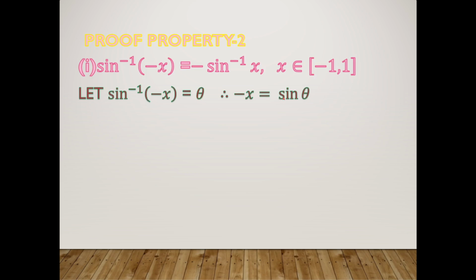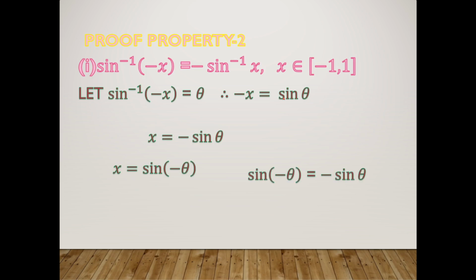So if minus x is equal to sine theta, then x is equal to minus sine theta, right? And x is equal to sine minus theta. If x is equal to minus sine theta, then x is equal to sine minus theta. Why? Because sine minus theta is equal to minus sine theta.